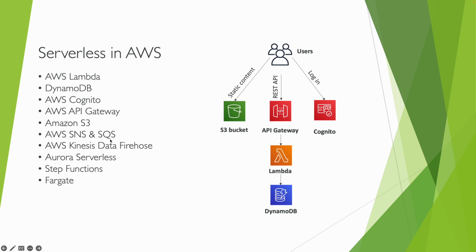SNS and SQS are notification services, and Kinesis is a data pipeline or data flow in AWS, where we can send some data and process it. Then we have AWS Aurora Serverless, and so on. So these are the serverless services provided by AWS, okay.